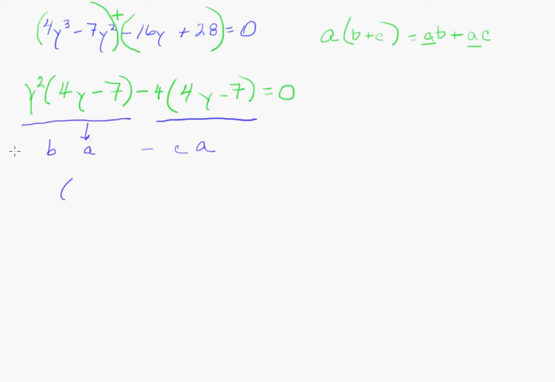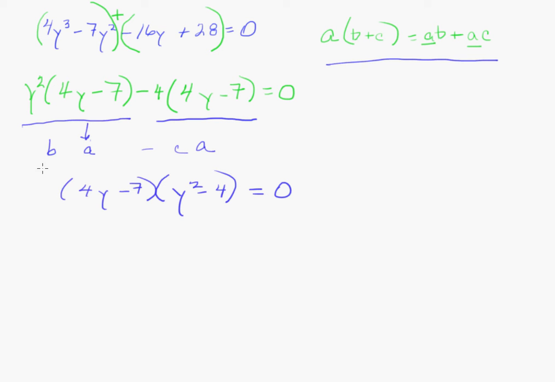It's the 4y minus 7. 4y minus 7 is acting like A is in this description of the distributive property. So when we factor out the A, what's left behind? In our case, what's left behind is y squared minus 4. And so at this point, it is factored. It is two terms multiplying together.